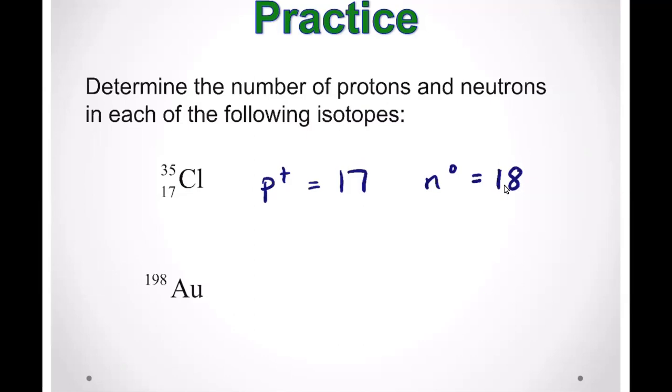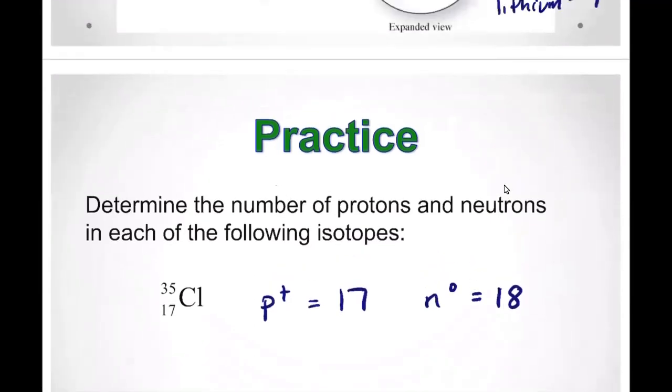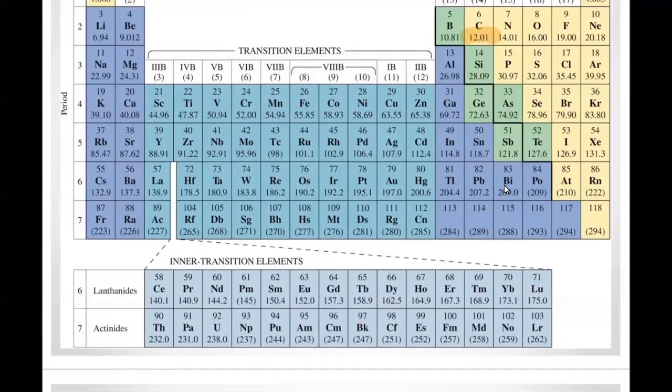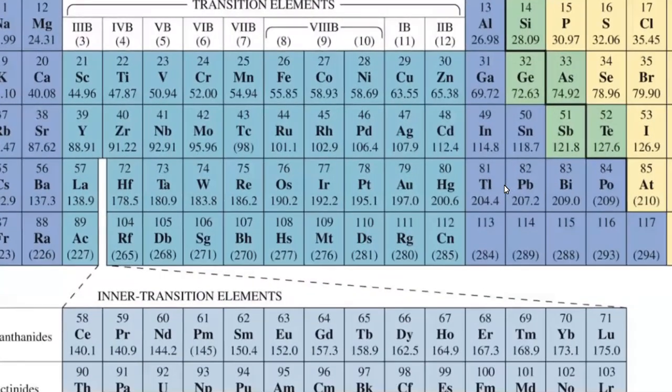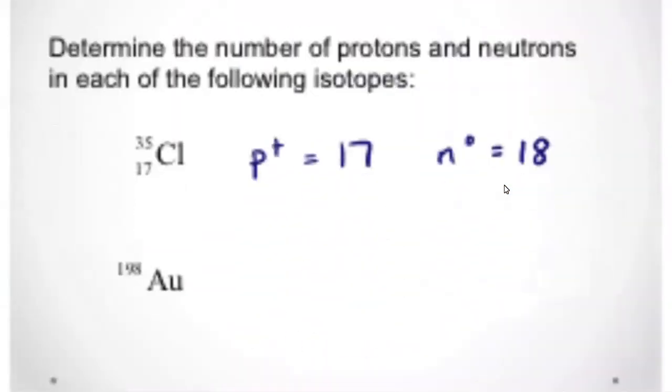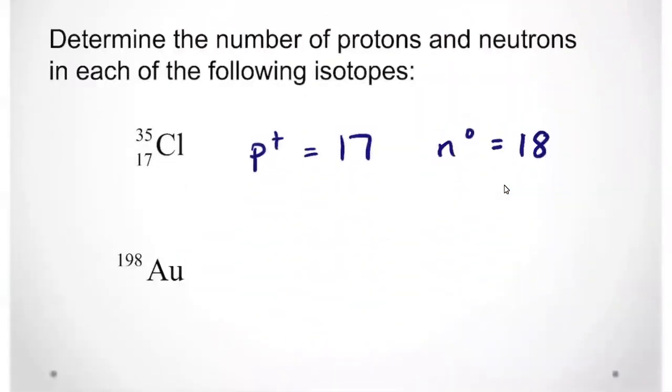Okay. Gold, well, we didn't get the neutron number, but you could look at a periodic table and you would find that the atomic number of gold is 79. So that tells you your number of protons.